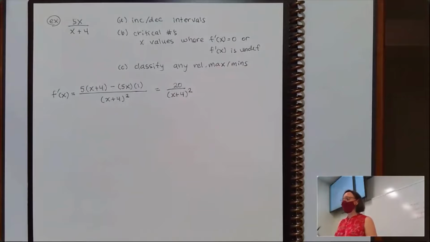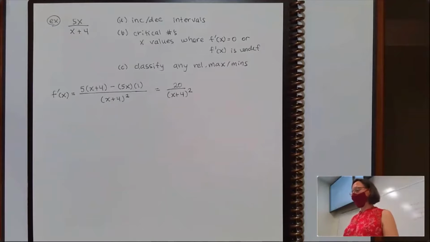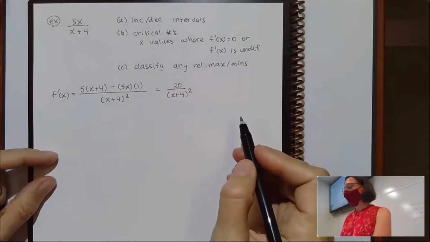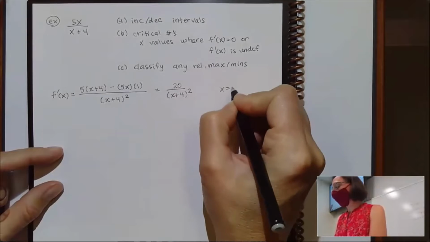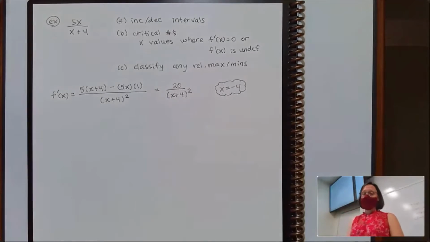There are no values where my derivative is equal to 0. There is, however, a place where my derivative is undefined. So if the question is asking me about critical numbers, meaning places where it's equal to 0 or undefined, the only critical number that I'm looking at is x equals -4, which makes my derivative undefined.